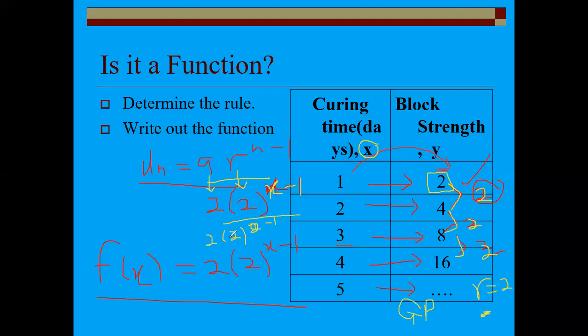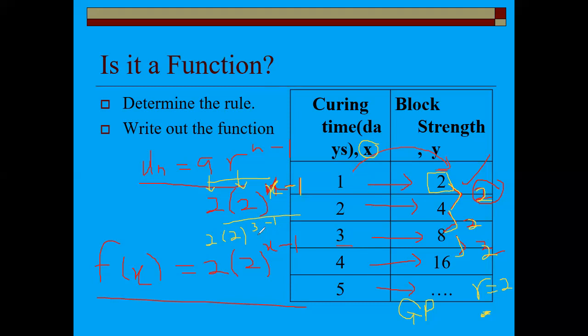So 2 times 2 raised to the power 1 will be 2 times 2, which will be 4. When x equals 3, the power is 3 minus 1, which is 2. So 2 raised to the power 2 is 4, times 2 is 8.